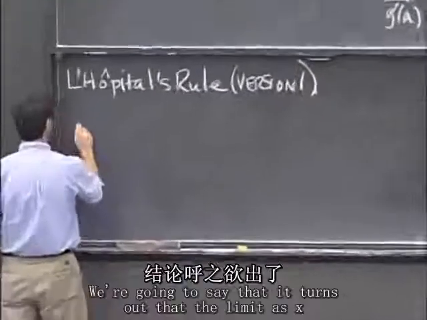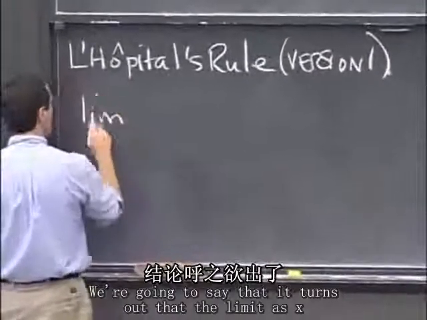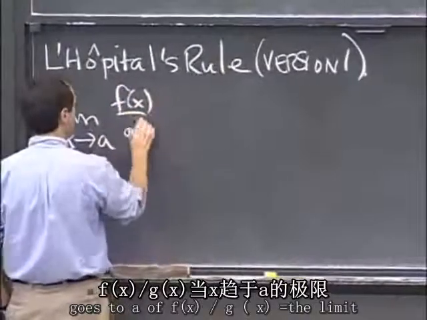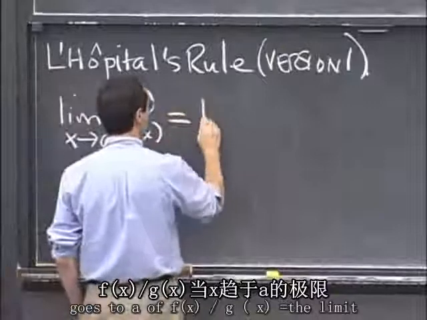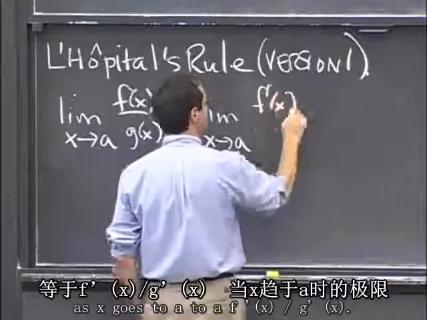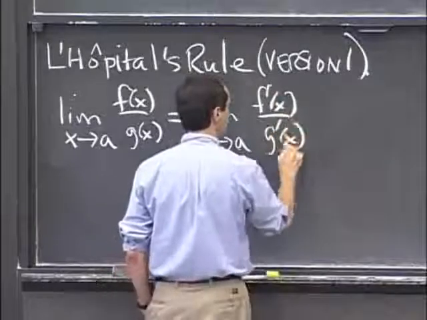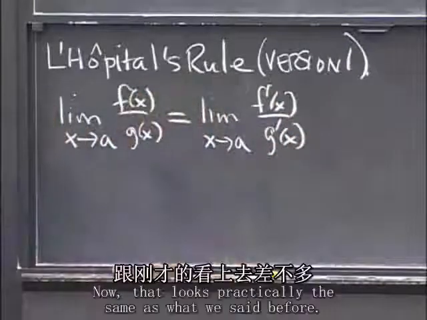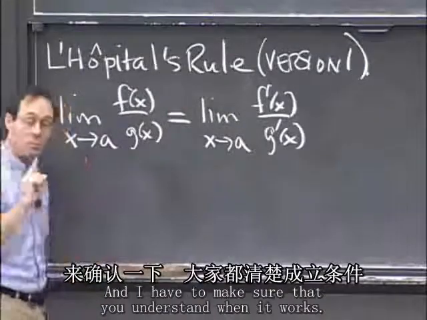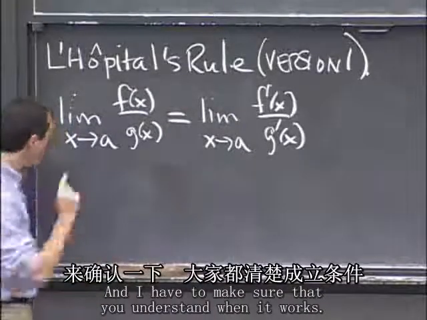We're going to say that it turns out that the limit as x goes to a of f of x divided by g of x is equal to the limit as x goes to a of f prime of x divided by g prime of x. Now that looks practically the same as what we said before. And I have to make sure that you understand when it works.